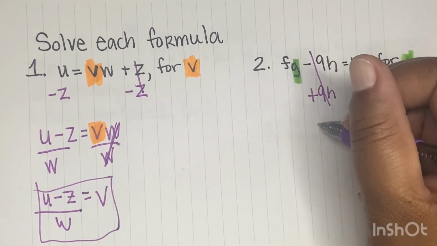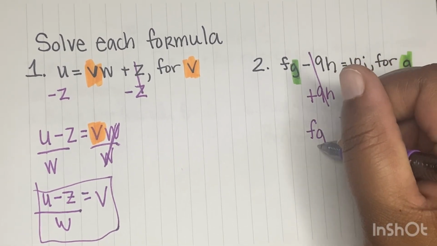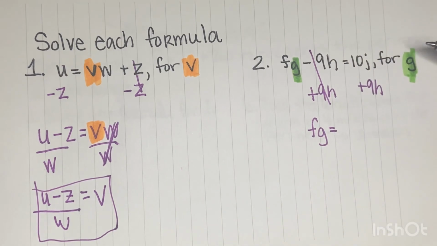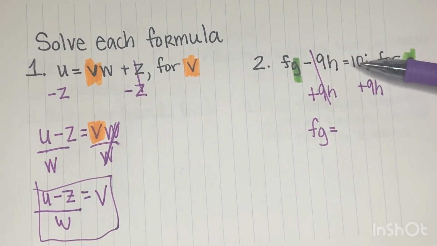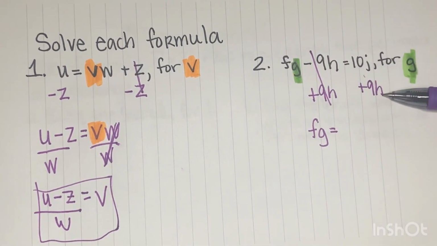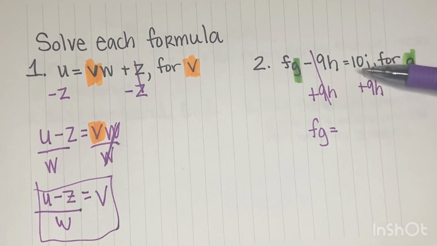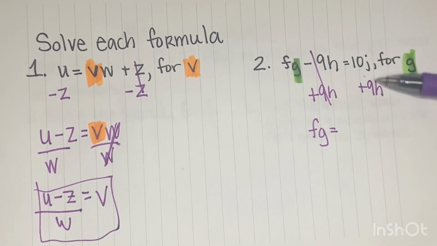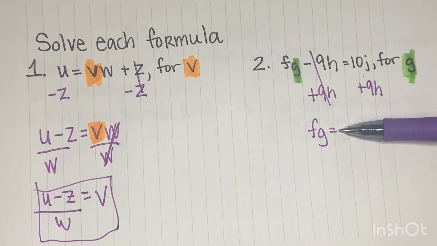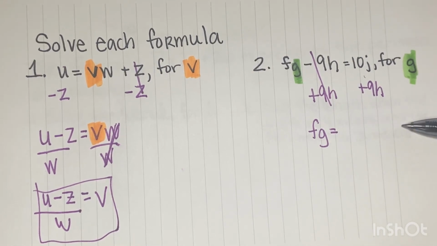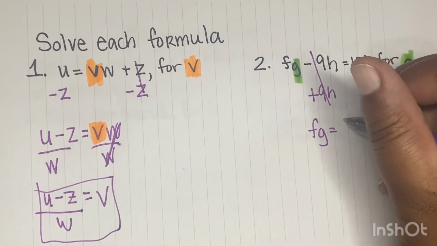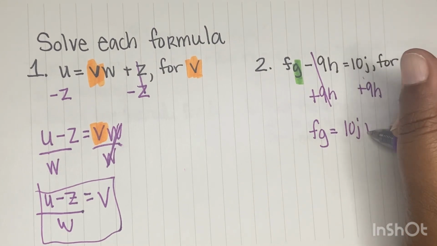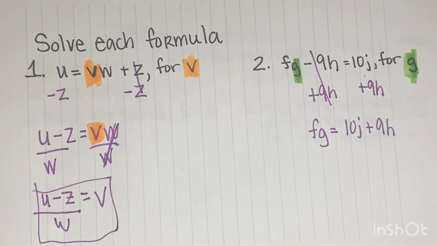This cancels and I'm left with FG equals. Now these are not like terms because one is a J and one is an H. And since they're not the same letter, we're just gonna literally drop them down right next to each other. So I'm gonna say 10J plus 9H.